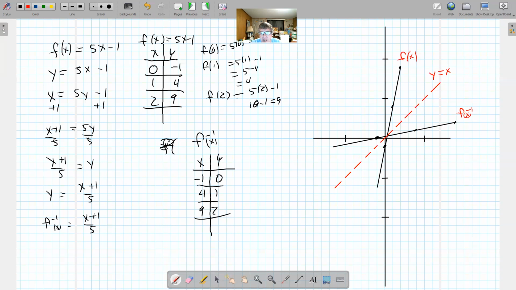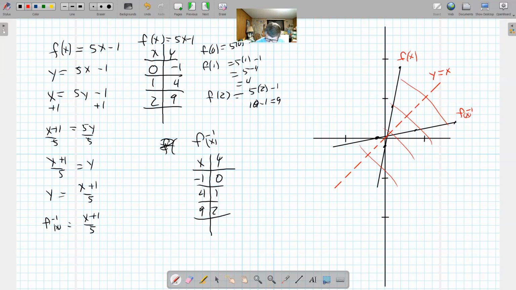So in fact, I could have graphed f of x and then graphed y equals x and then just reflected across the line y equals x to plot points for f inverse of x.